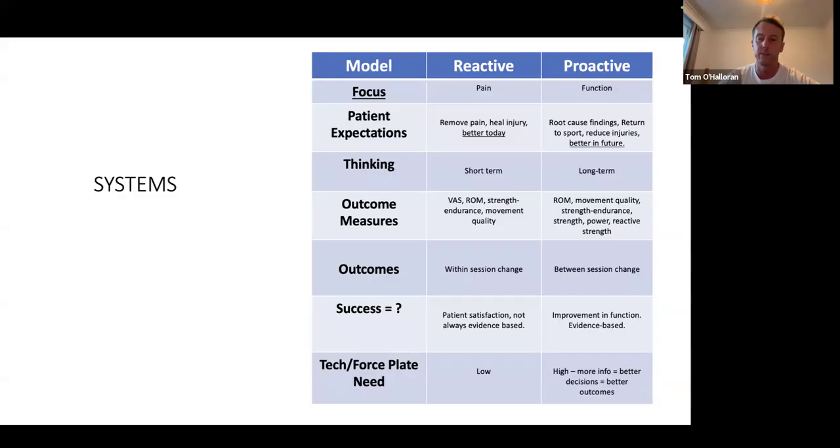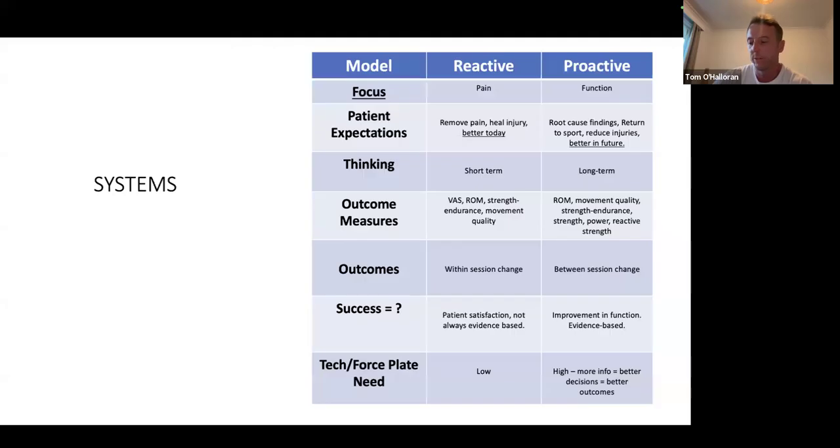So patient satisfaction, customer focused. In that model, there's not a lot of need for heaps of information from technology or from force plates. I couldn't really use a system like AXID in that model when the patient's expectation is to get better today. I don't really need a baseline assessment that's looking at between session change.